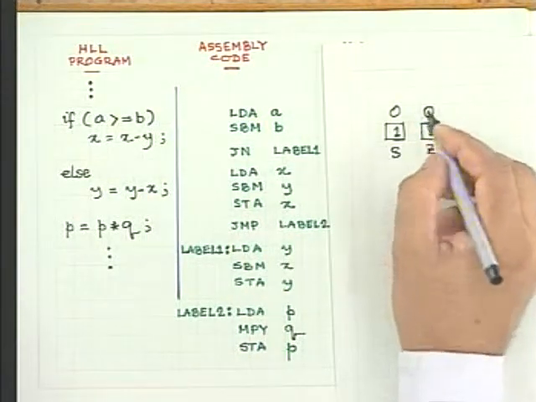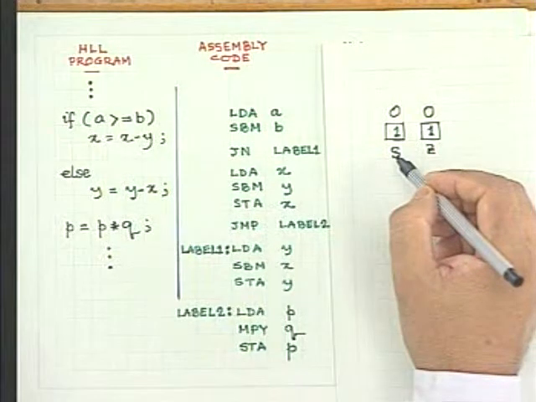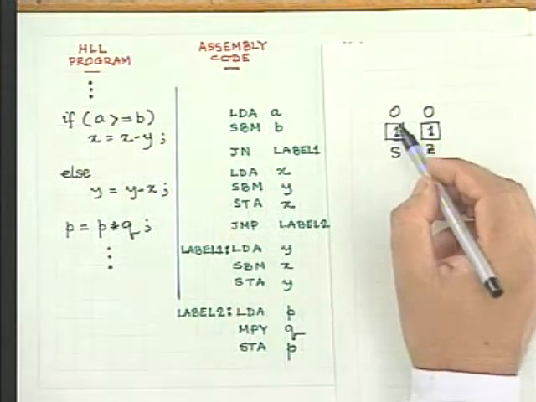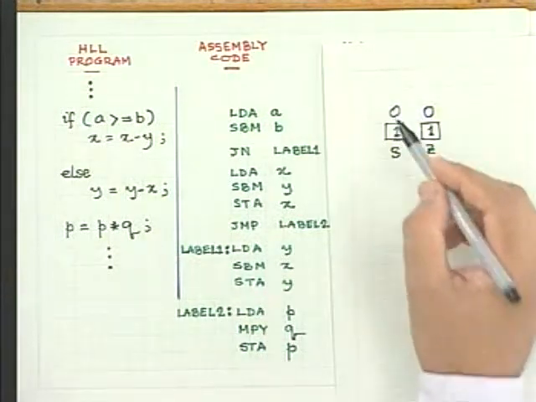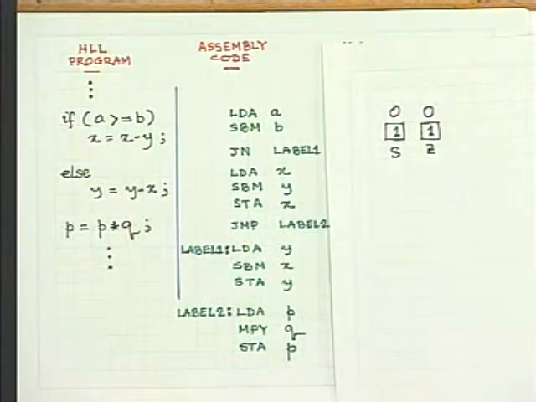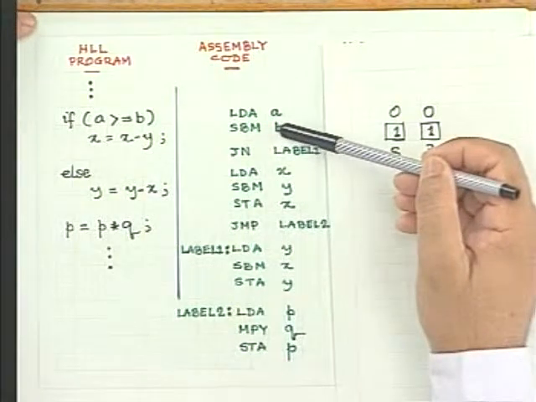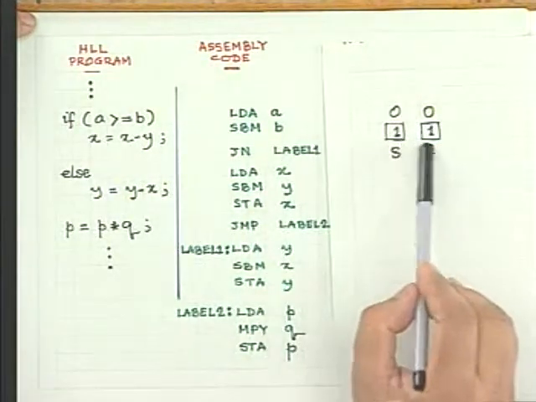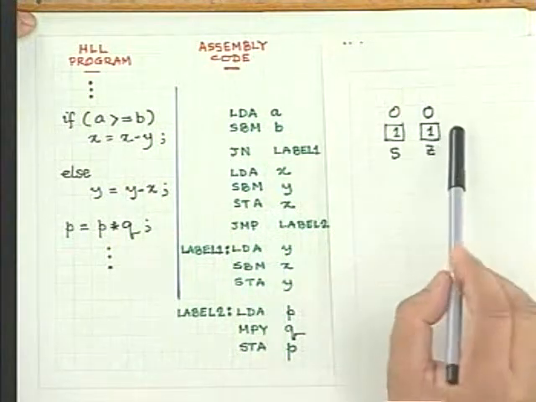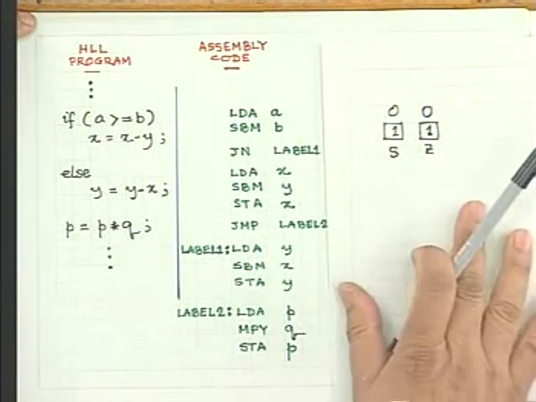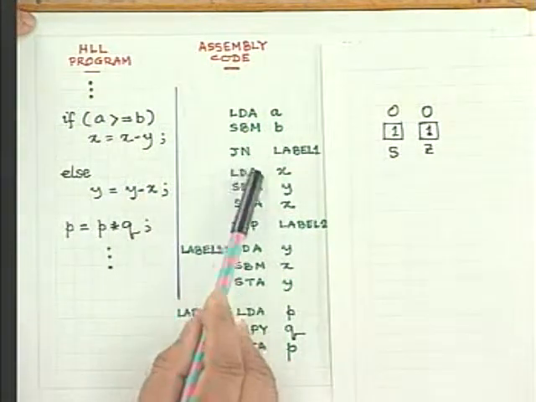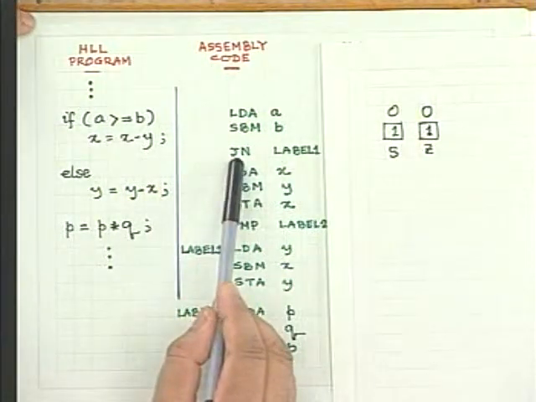And if it is non-zero, the sign flag will determine whether the result is negative or non-negative, right? Therefore, as the subtraction instruction is executed, these two flags will be set. There may be some other flags which we will know later on, but we will need these two flags only now. Now, this says jump on negative, right?